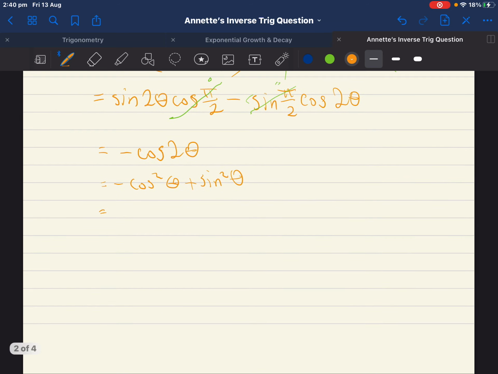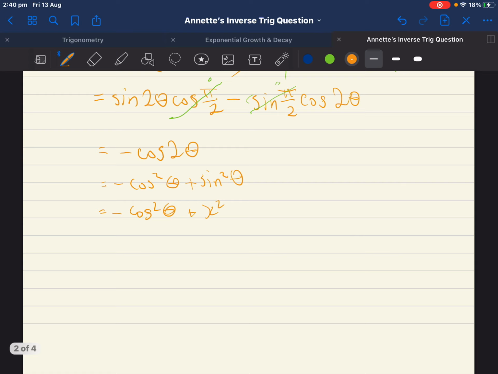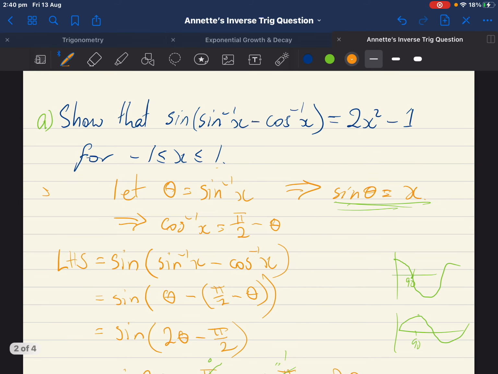So we have minus cos squared theta plus x squared. What are we trying to get this to look like? We're trying to get 2x squared minus 1. There's no cos theta in the result we're trying to get on the right-hand side. And we know what sine theta is equal to, right?